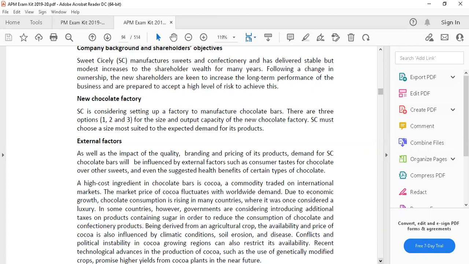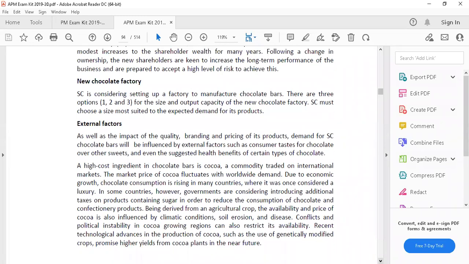Demand for SC chocolates will be influenced by external factors such as consumer taste for chocolate over other sweets and even the suggested health benefits of certain types of chocolate. A high cost ingredient in the chocolate bars is cocoa, a commodity traded on international markets.